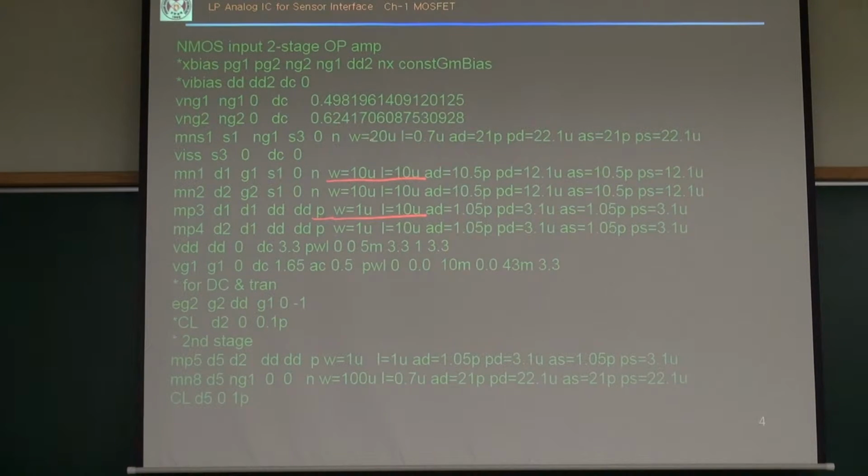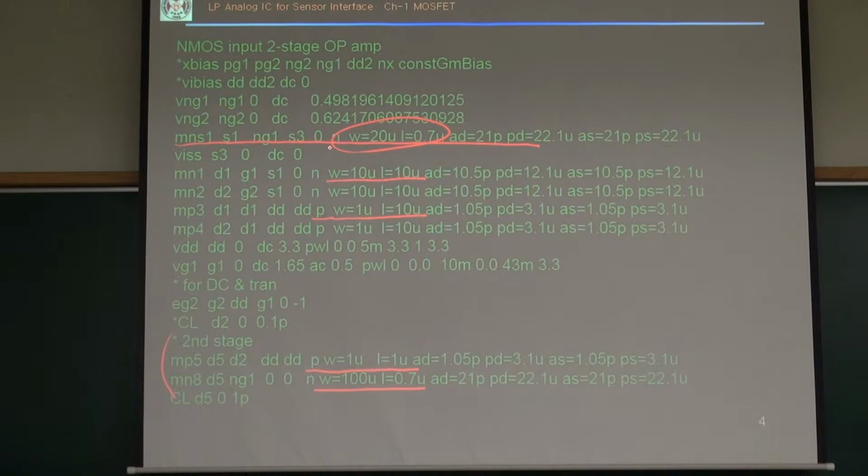But the cascode part is eliminated for simplicity. The cascode current source is just a single-stage current mirror. And then I added the second stage here. The PMOS is 1 by 1, the NMOS is 10 by 0.7. How come? This is 20 by 0.7.